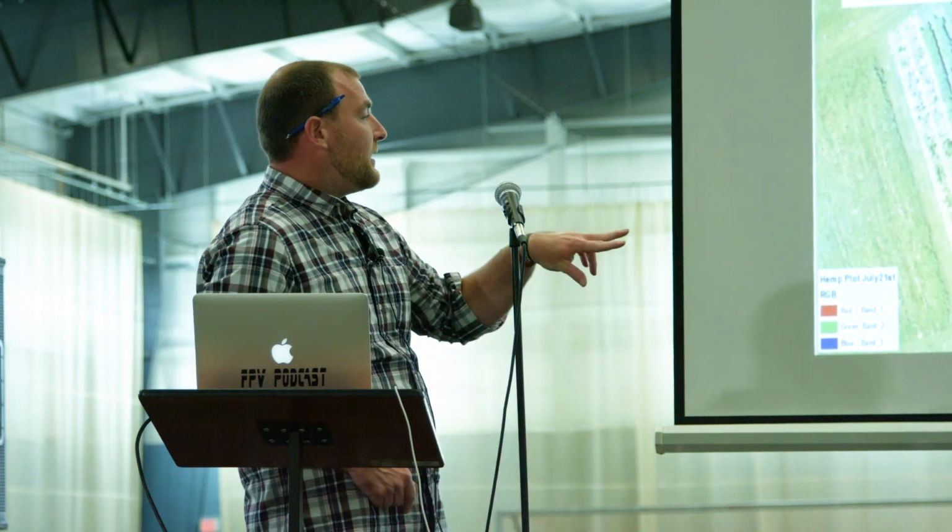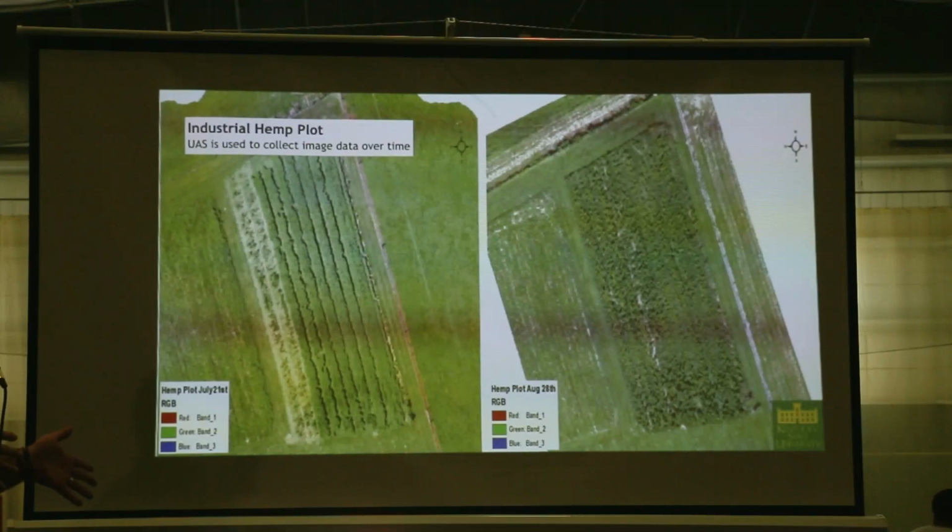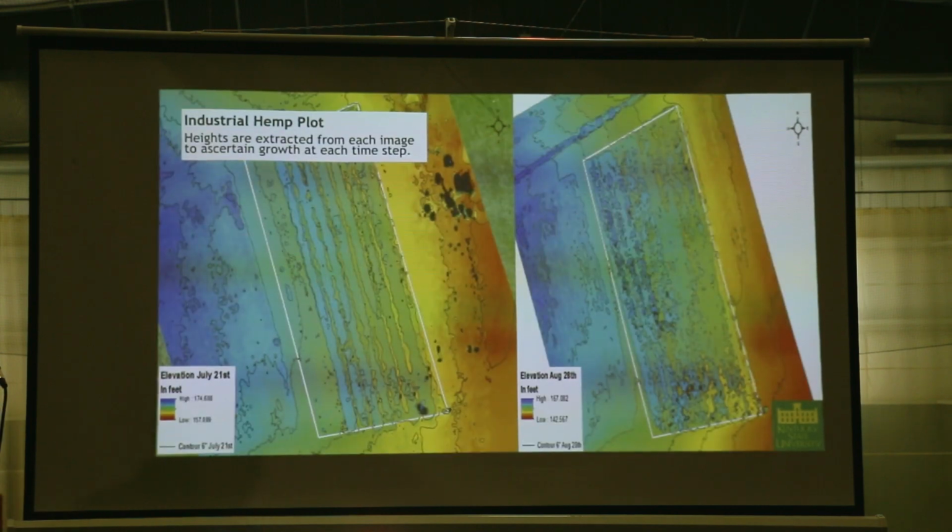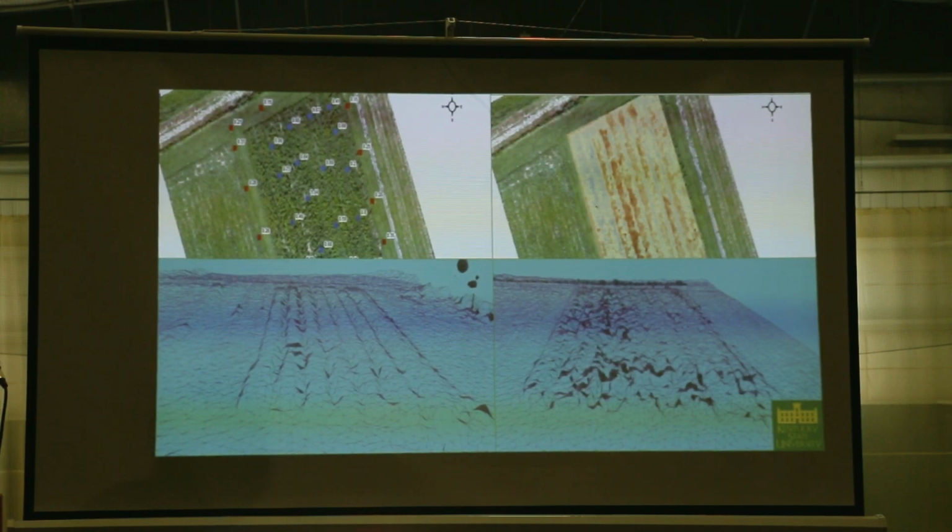So, two different dates. They wanted to know how quickly the hemp was growing. What was the distribution of the growth? Using the drones and regular photogrammetry, we were able to develop essentially elevation maps from each time step. If you subtract time 1 from time 2, the difference is what the growth was between your visits.